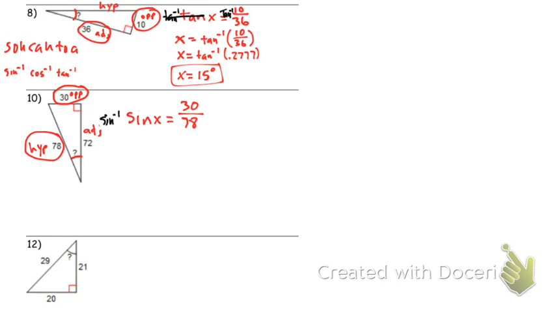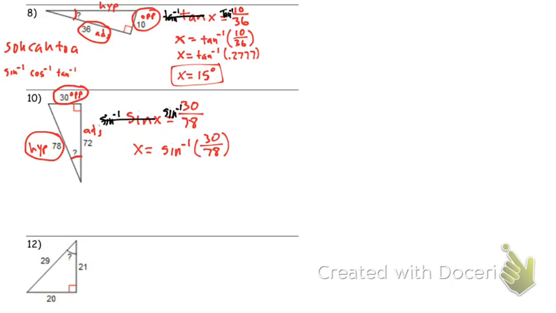Sine to the negative 1, what you do to one side, do to the other. These will cancel out and you're left with x equals sine to the negative 1 of 30/78.